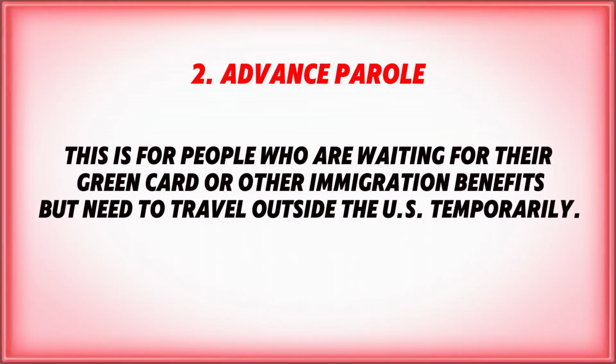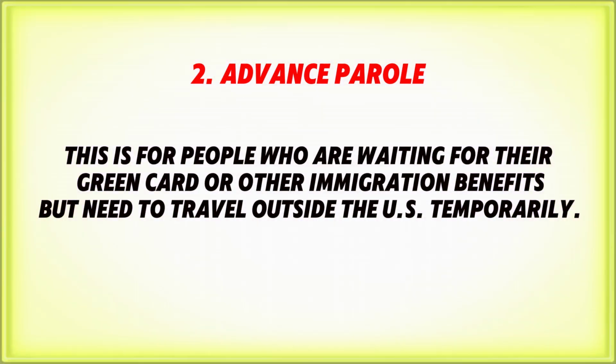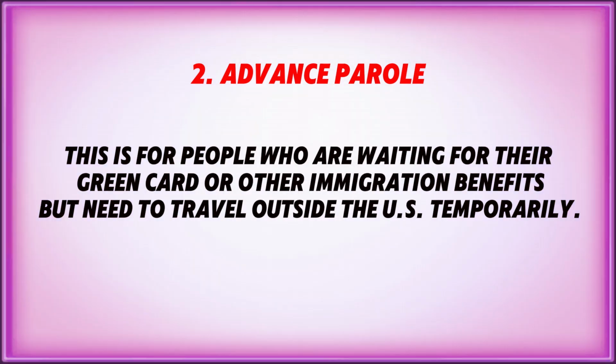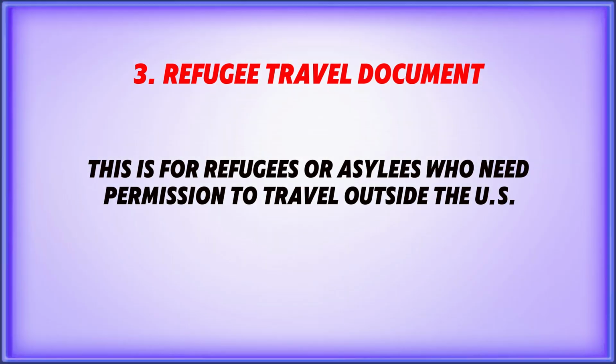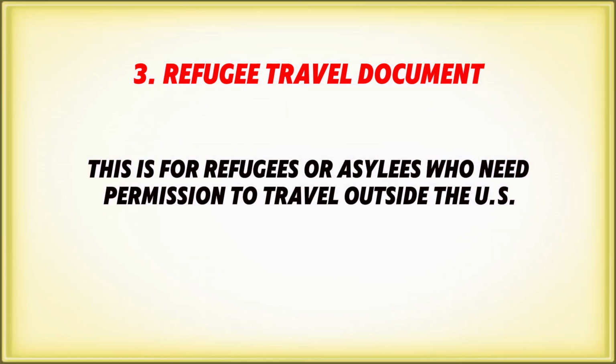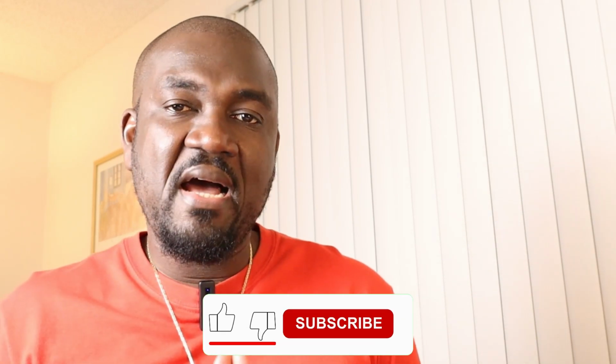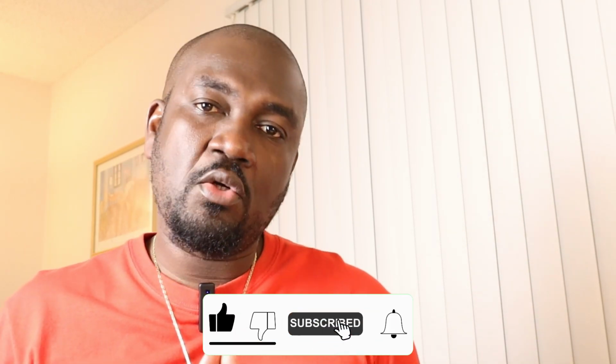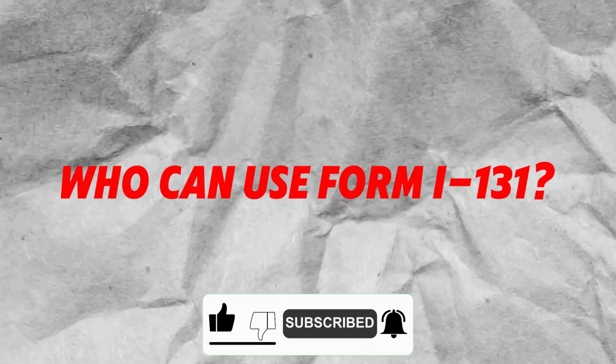This is for people who are waiting for their green card or other immigration benefit but need to travel outside the U.S. temporarily. Third, refugee travel document. This is for refugees or asylees who need permission to travel outside the U.S. Each of these travel documents has its own rules, so let's go over them step by step.